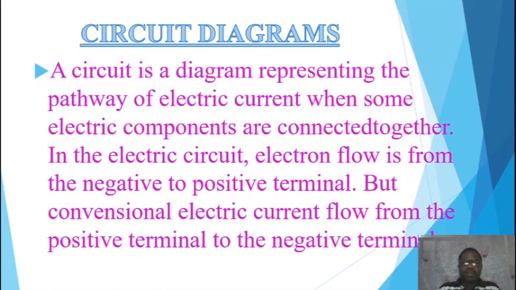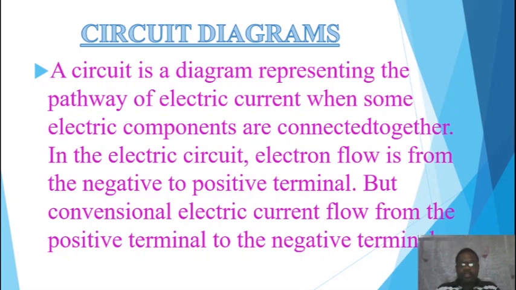We say a circuit diagram is a diagram representing the pathway of electric current when some electric components are connected together. In the electric current, electron flow is from the negative to the positive terminal, but the conventional electric current flows from the positive terminal to the negative terminal.